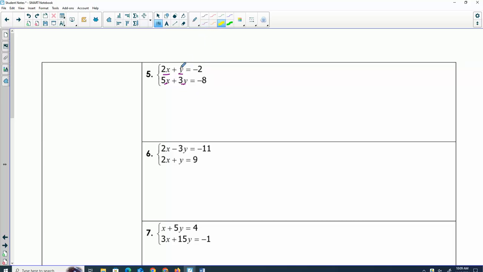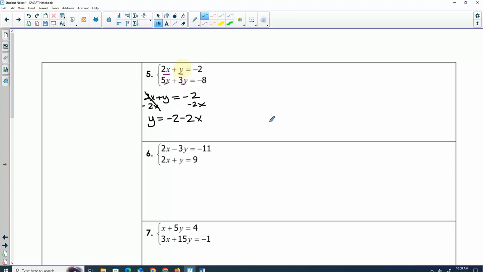Yeah, I would say this y, because it's just a 1y. So I'm going to take that first equation, the 2x plus y equals -2. If I want to get y by itself, I subtract my 2x. So y is -2 minus 2x.